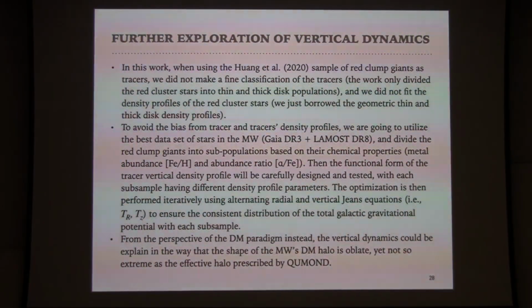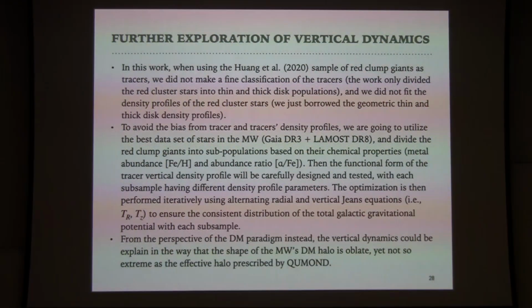In our current research, we have used the sample of red giants as tracers. We divide these stars into thin and thick disk populations, but we haven't performed a detailed classification or fit the density profiles.